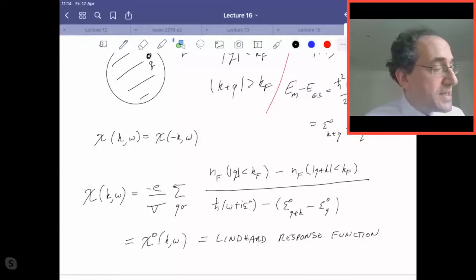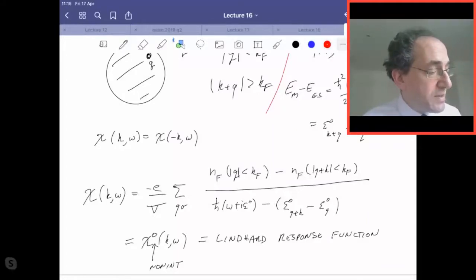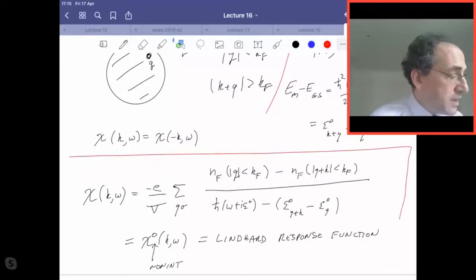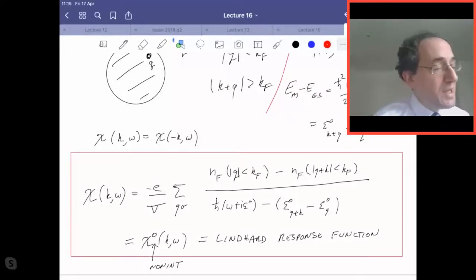The index 0 upstairs indicates that the fermions are non-interacting, so that means non-int. That's why you call it 0. So this is an important equation. I'll see if I can circle it. Okay, that worked. We're going to work with that equation for much of this lecture.